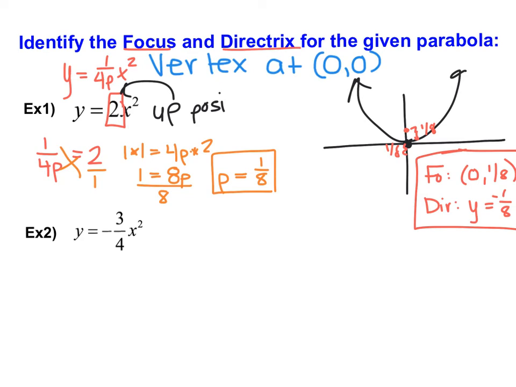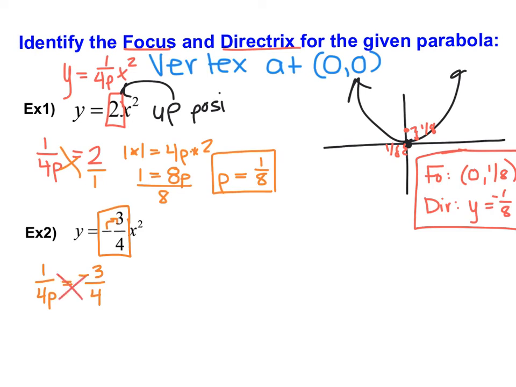So here we can see that we have a value out in front of our x squared of negative 3/4. That is saying that 1 over 4p is equal to, I'm going to put the negative in the numerator, negative 3/4, because the coefficient of x squared is equal to 1 over 4p. So again, we can cross multiply.